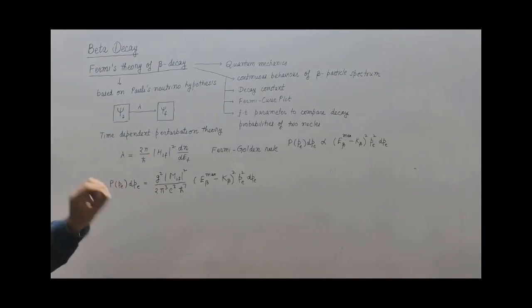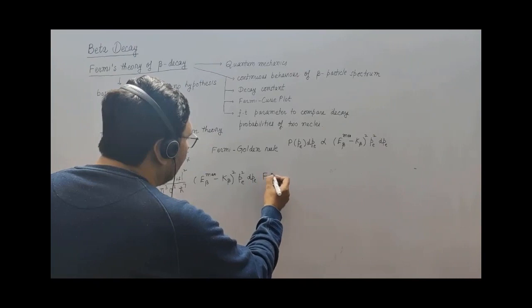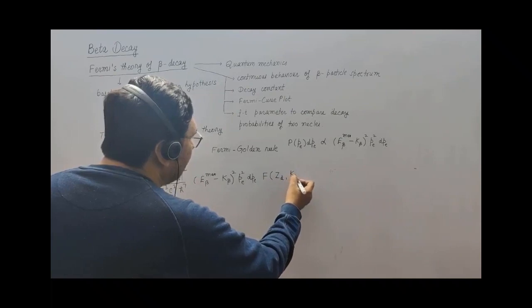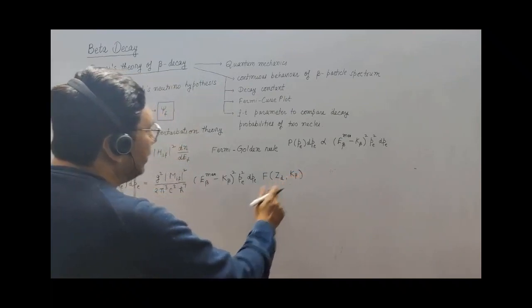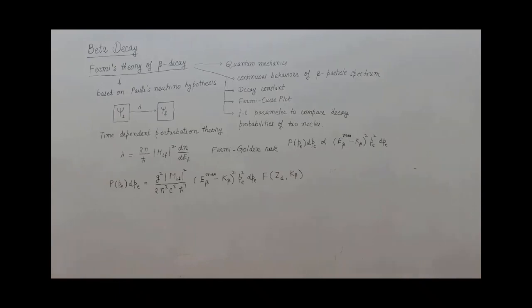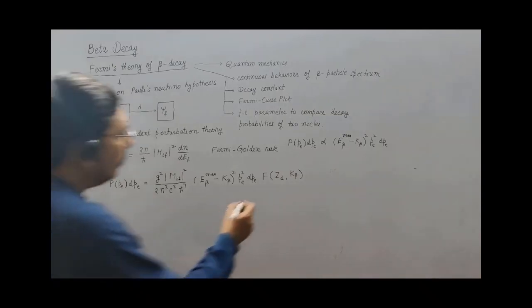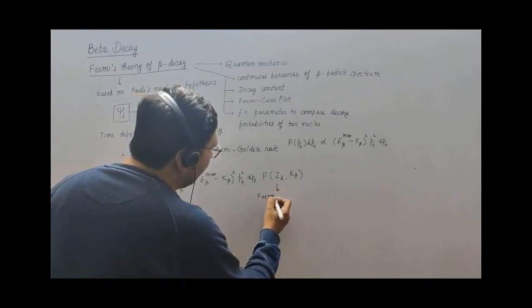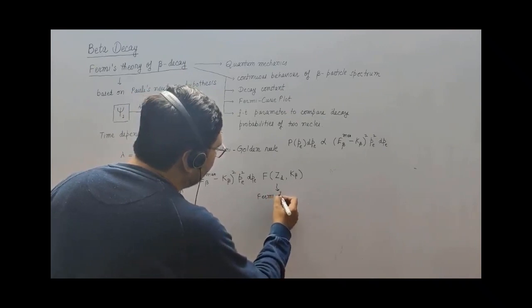To include this Coulomb interaction aspect in the theory, he included a correction factor, denoted by F(Z_D, K beta). This is a function of K beta and Z_D, the Z number of the daughter nucleus. This correction factor is known as the Fermi factor.